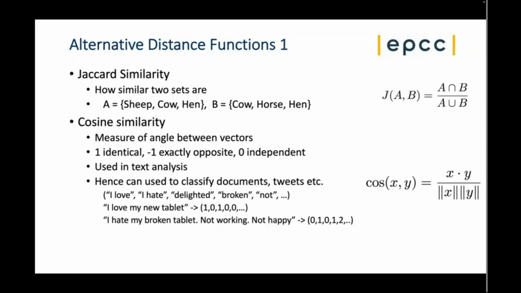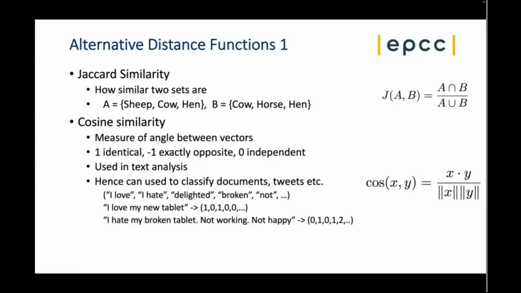Sometimes we talk about things being similar, in which case you want that to be a high number. Sometimes we talk about a distance, in which case you want it to be as close to 0 as possible. You can just flip those. You just do a reciprocal of a distance to get a similarity.